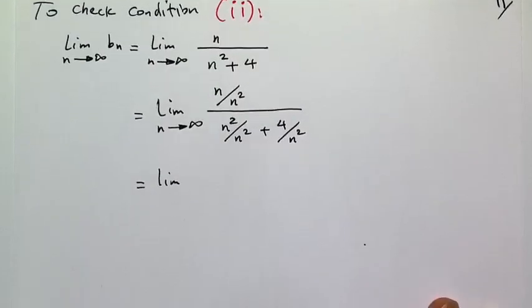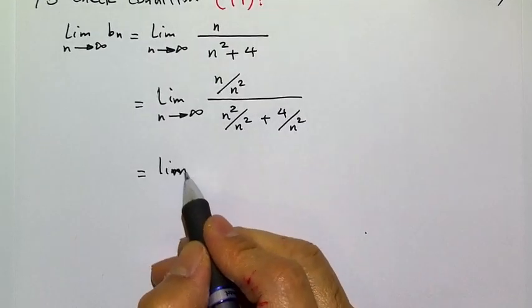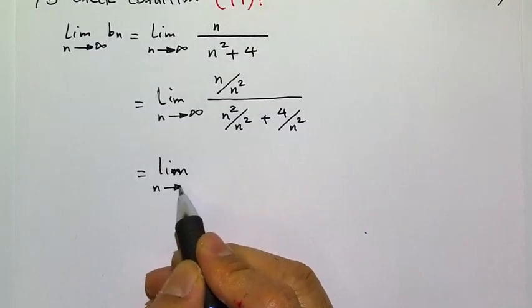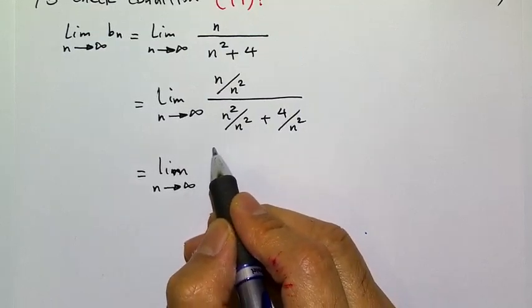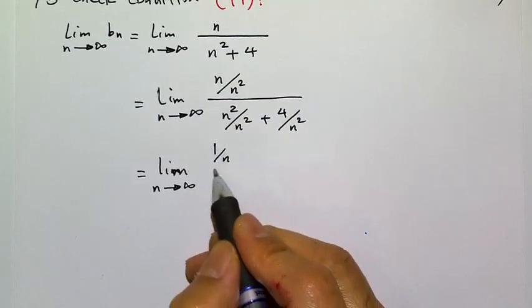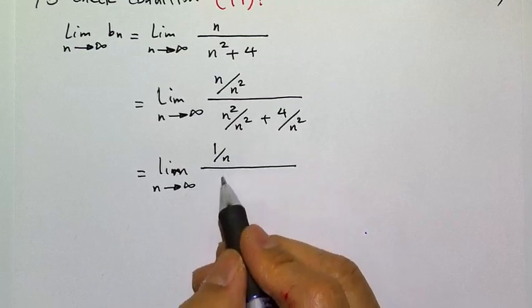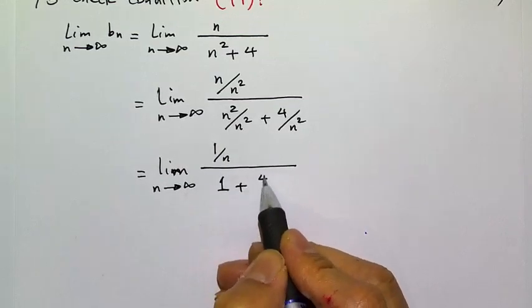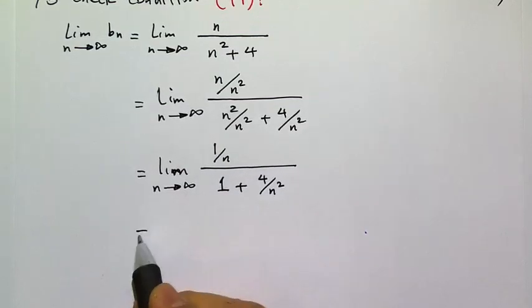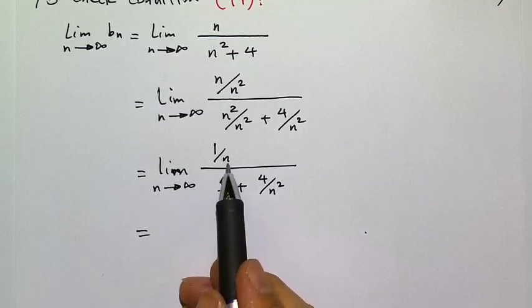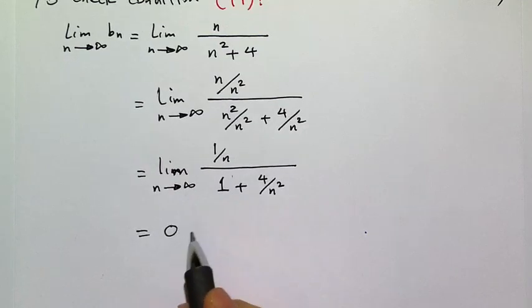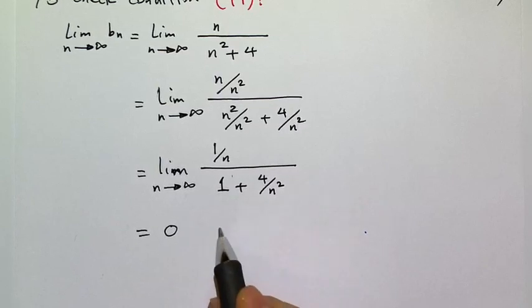The limit as n goes to infinity, we have 1 over n here, and 1 plus 4 over n squared. So clearly, if you apply the limit, we get 0 over that, which is 0. Okay, so condition 2 is satisfied, right?